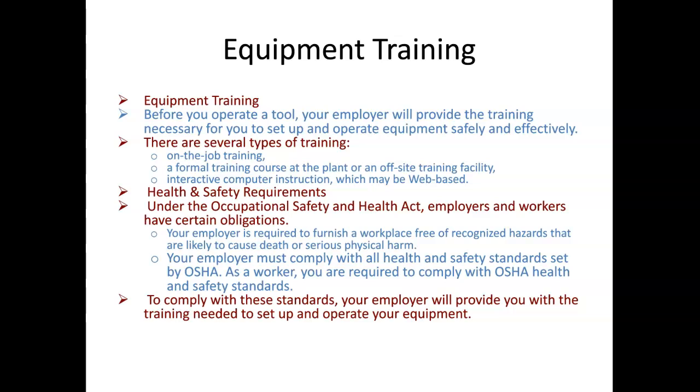There are what we refer to as three types of training: on the job training, and formal training in a course at a plant or an offsite training facility, something along the lines of what you are doing right now by coming and taking this course at Richland. You are taking a formal training course here in manufacturing processes so that you're aware of all of these different methods that our local manufacturers use.